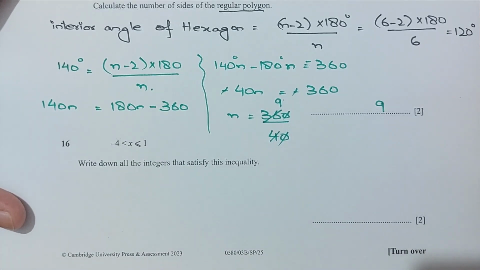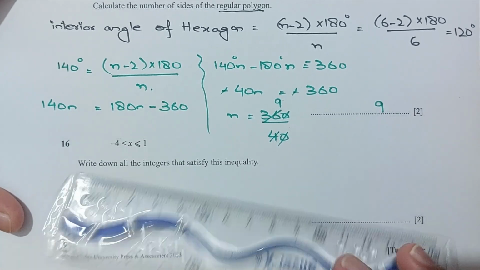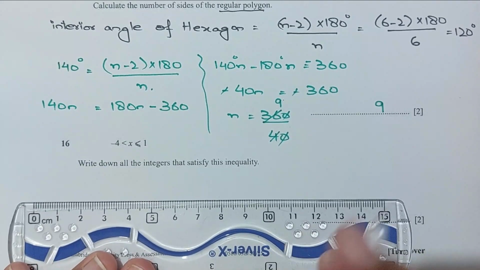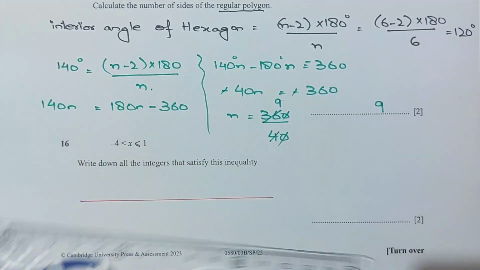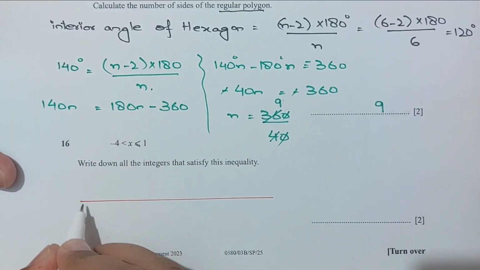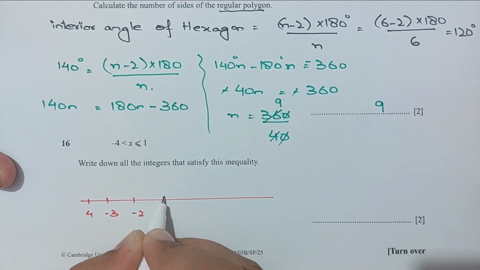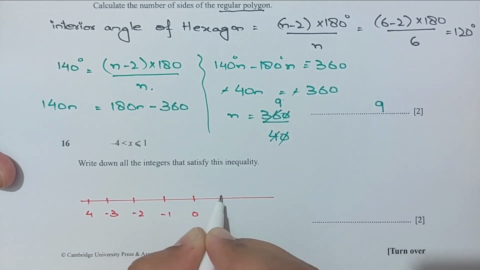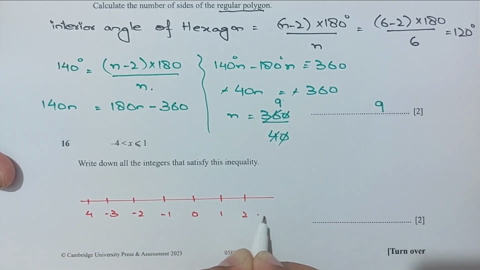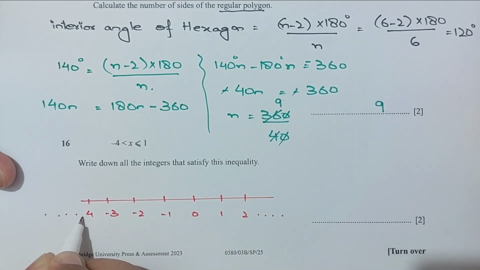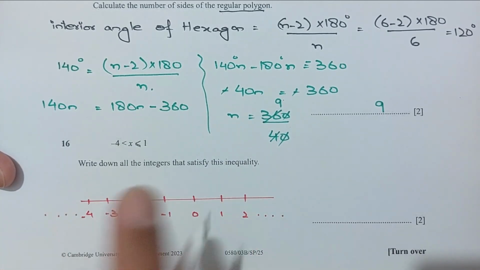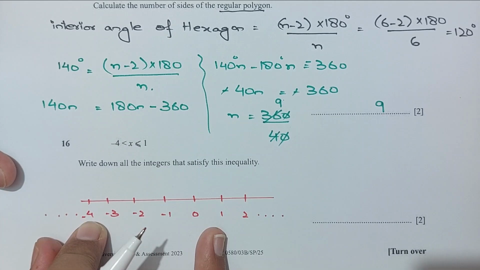Question number 16. Write down all the integers that satisfy this inequality. Let me draw the number line to show you, because it is a 2-mark question, so it is better to show it with the number line. Minus 4, minus 3, minus 2, minus 1, 0, 1, 2, and so on. The region is between minus 4 and 1.